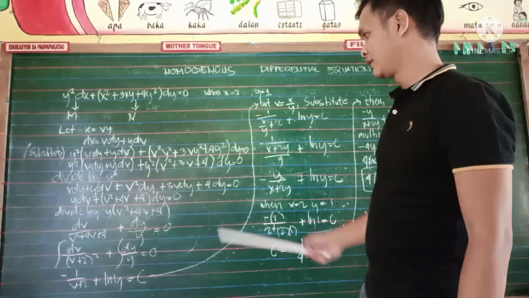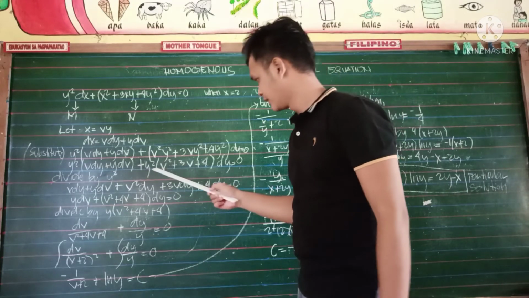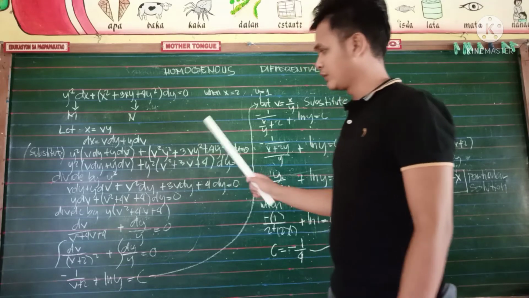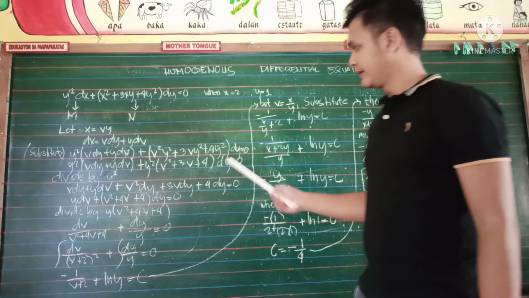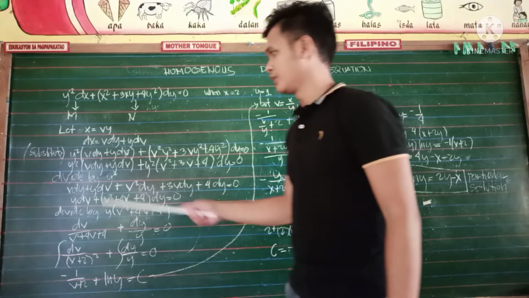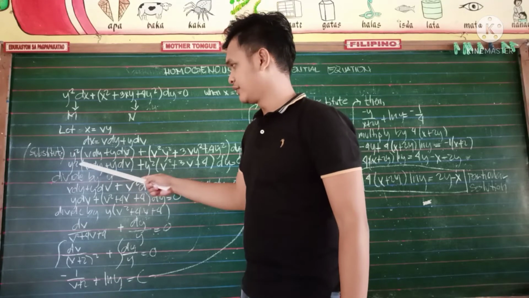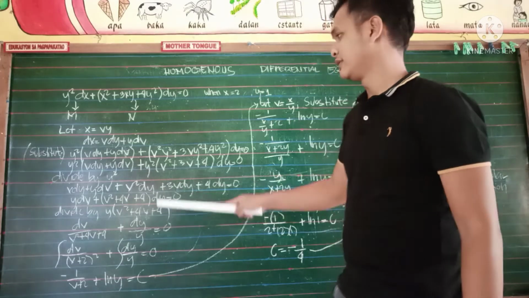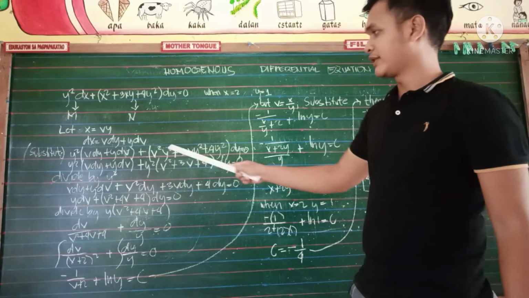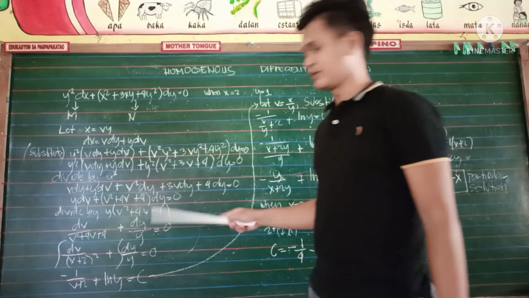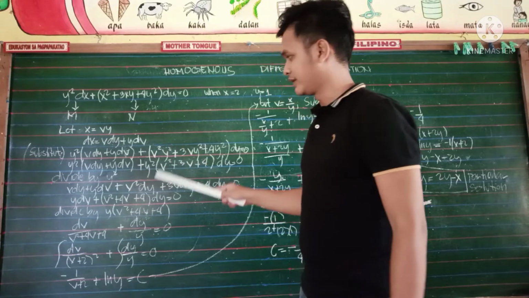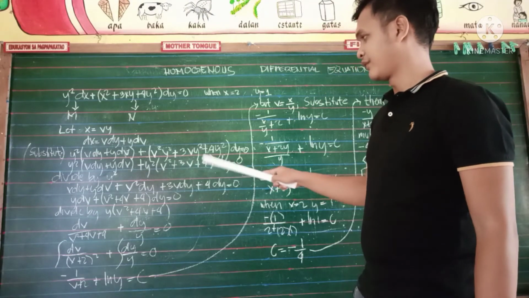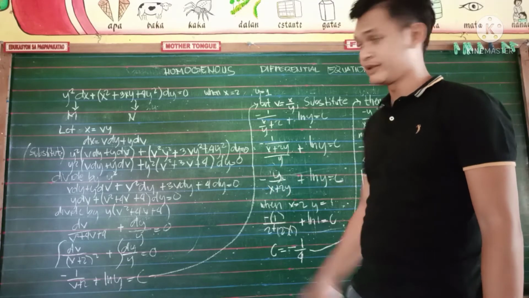Then they have common factors here. In homogeneous equations we need to make the equation simpler. So y squared times (v dy plus y dv), and the common factor is y squared, so divide both sides by y squared, and the remaining is (v squared plus 3v plus 4) dy is equal to 0.